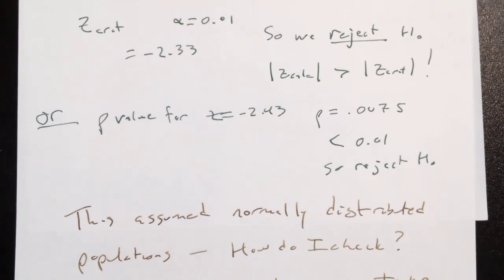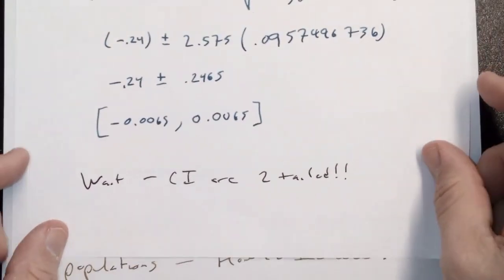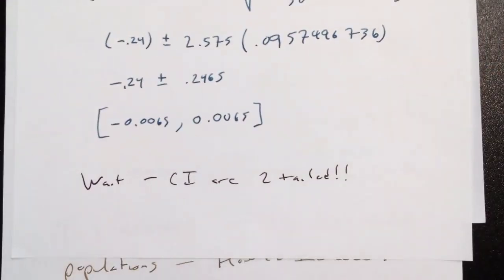It's not a huge thing, but I did forget that confidence intervals are two-tailed. And a two-tailed test has a different Z value than a one-tailed test. One-tailed tests have smaller Z values than two-tailed tests. So this confidence interval is automatically a two-tailed test.